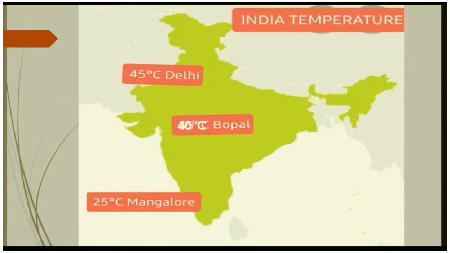As the sun rays are shining brightly over the Tropic of Cancer, there is a variation in temperature from southern India to northern India. Southern India, Mangalore in Karnataka is a coastal area, experiences 25 degrees Celsius temperature because it is near the coast, so it always has an equable type of temperature.